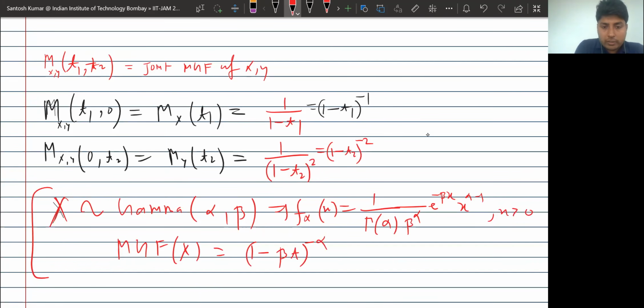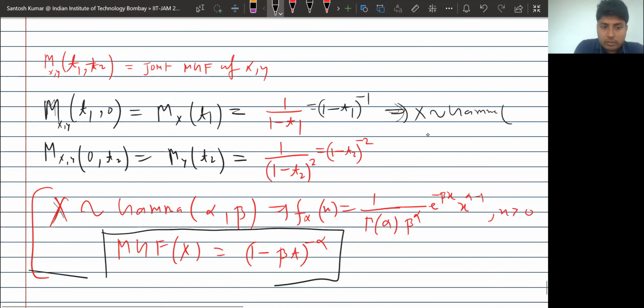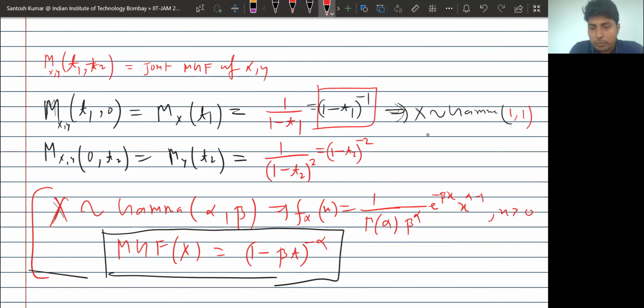If you compare with it, you will see that this X is a gamma. So you just compare with this MGF, with this term, and you'll get alpha is 1, beta is 1. Here if you compare, this Y is nothing but gamma, with this 1 and this 2.